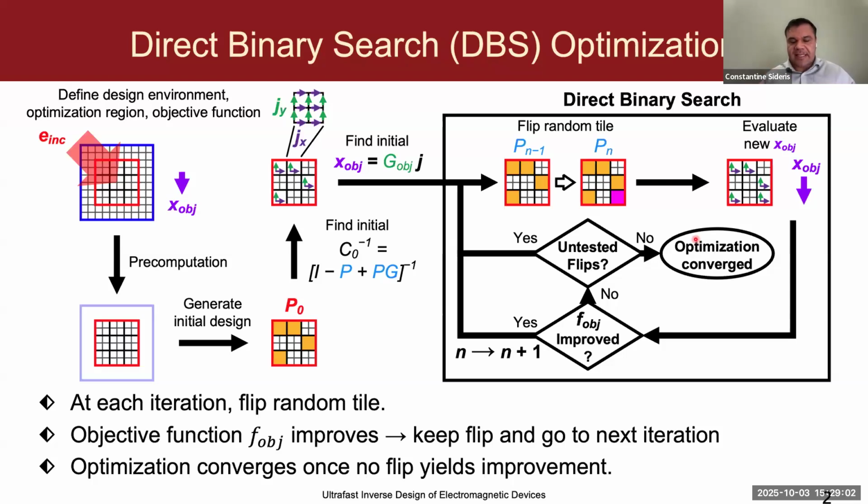One thing to keep in mind about how this method works is that at each iteration of the optimization, it creates a very sparse change in the domain. Basically, one or a few tiles flip. It doesn't change every single part of your optimization domain. So it's a sparse change, which corresponds to a low rank change in the matrix system that we are trying to solve, the inverse of that system.